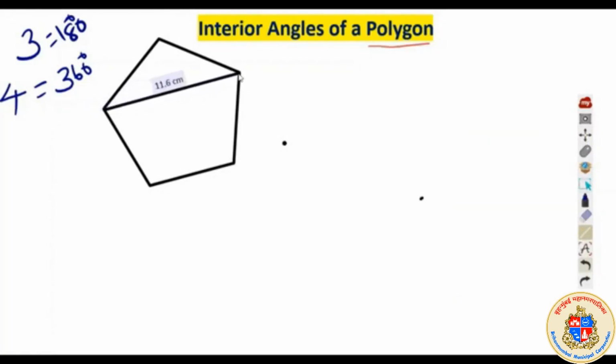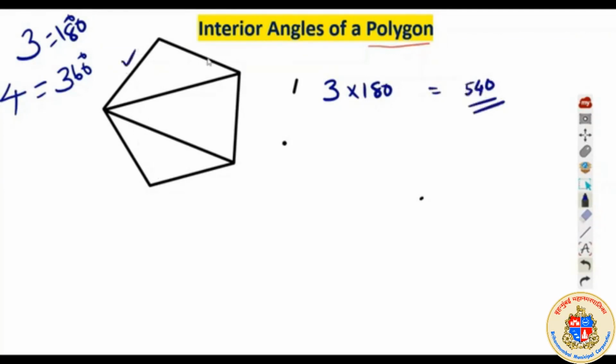For example, I drew one line here and another line here. So I got 3 triangles. Good. So it will be 3 into 180, right? 3 eights are 24 and 5 is 40, so 540. How many sides? 1, 2, 3, 4, 5. When it is 5-sided, I got 540. When it is 3-sided, 180; 4-sided, 360; 5-sided, 540.